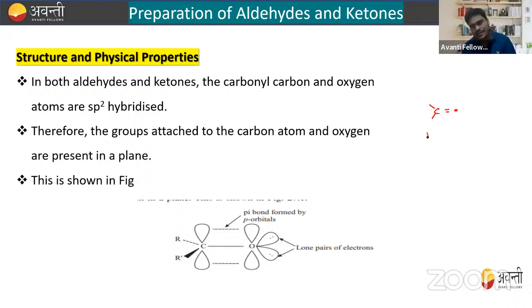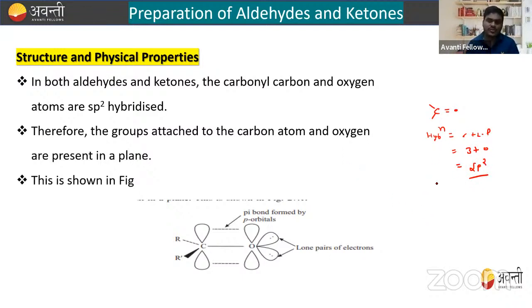If I'm talking about the hybridization of carbon, then it is equal to the number of sigma bonds plus lone pairs of electrons. Here the number of sigma bonds is 1, 2, and 3, so the number of sigma bonds is 3 and lone pairs is 0. So 3 means this will form sp2 hybridization.